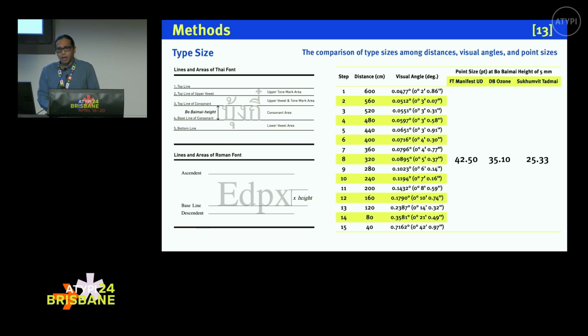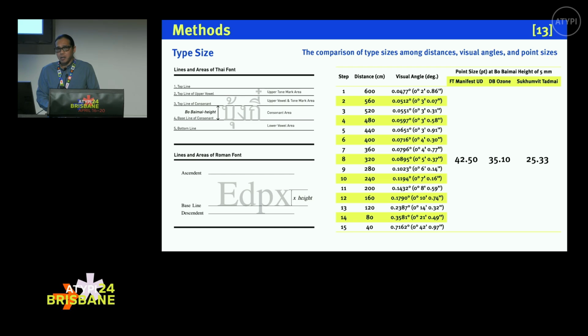In the experiments, I set 15 distances. The viewing distance is from 40 to 600 centimeters, which produced different visual angles.